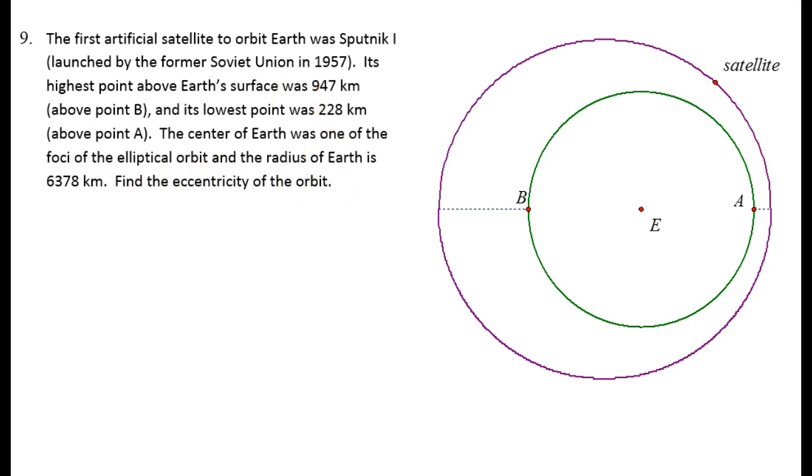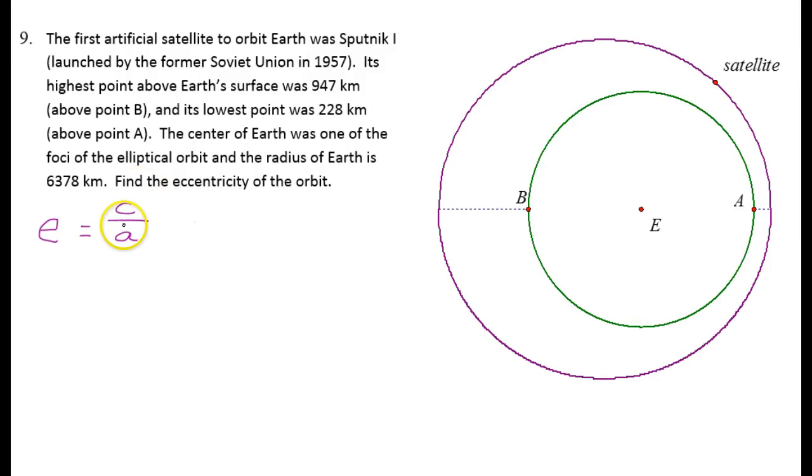So eccentricity is equal to the C value divided by the A value. Eccentricity is equal to C over A. So the C value is the distance from the center to a focus, and the A value is the distance from the center to a vertex.